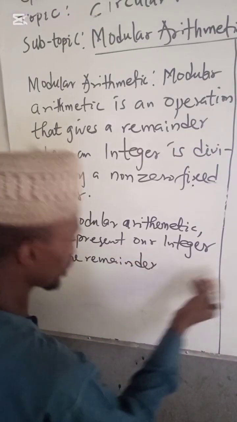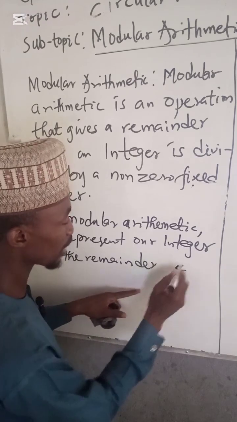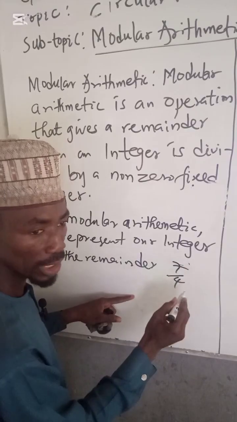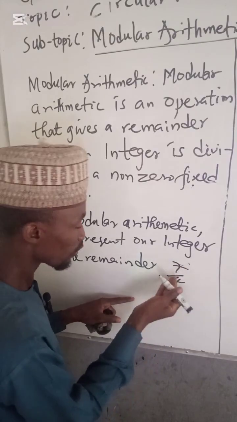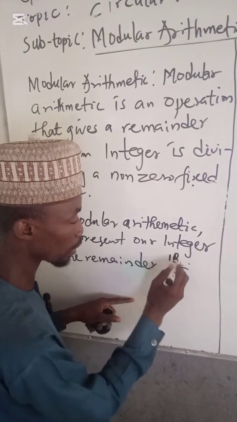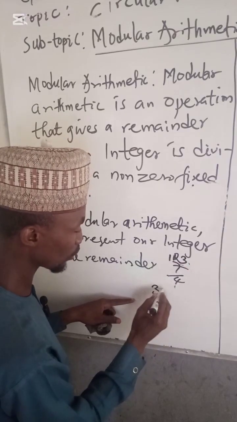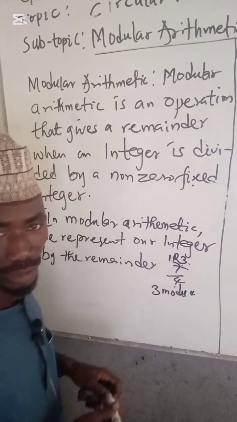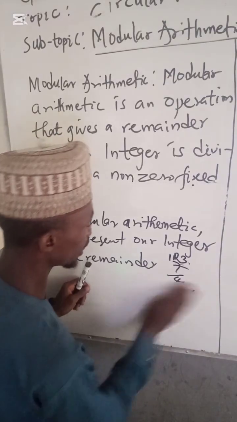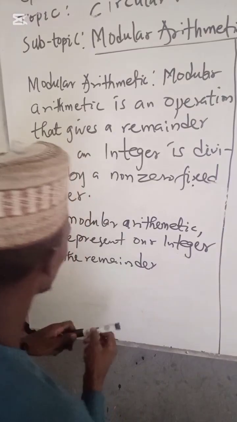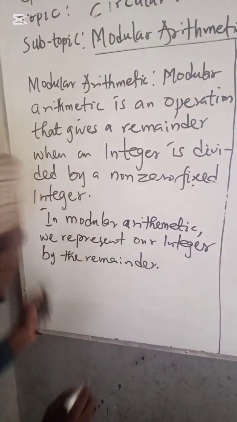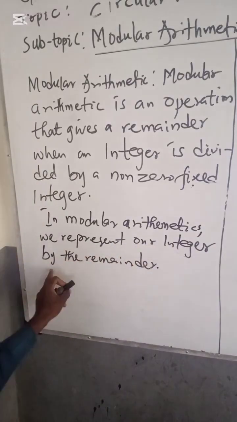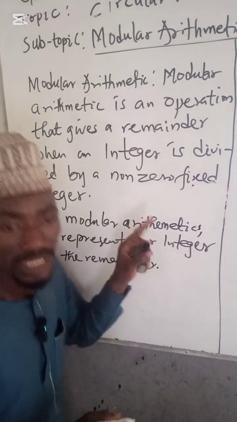You can see what we did in that demonstration, where we said we have 7 divided by 4. This was supposed to be, but in modular arithmetic we say no. 4 in 7, 1, remainder 3. So we write that 3 modulo 4. That's what we mean by this second paragraph statement. Now, we say, in modular arithmetic, we represent our integer by the remainder.